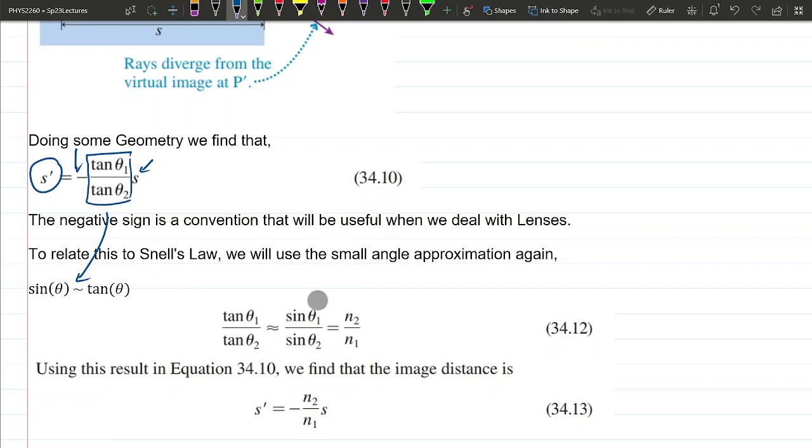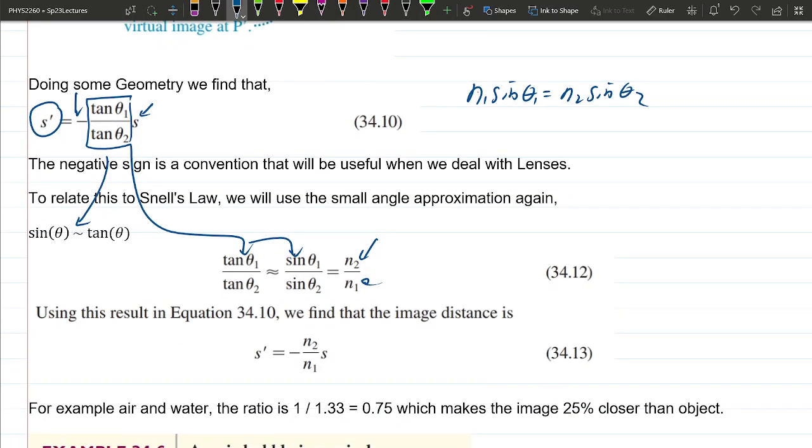So therefore, this ratio here, we can approximate as sine of theta 1 divided by sine of theta 2, and we know exactly what that is, because Snell's law tells us that this ratio is going to be n2 over n1.